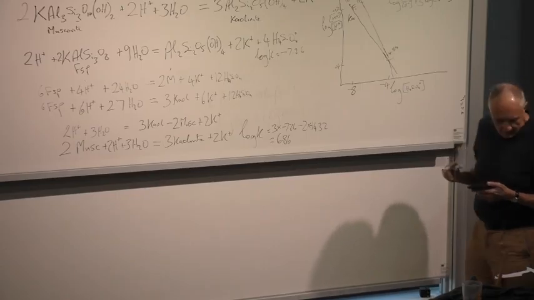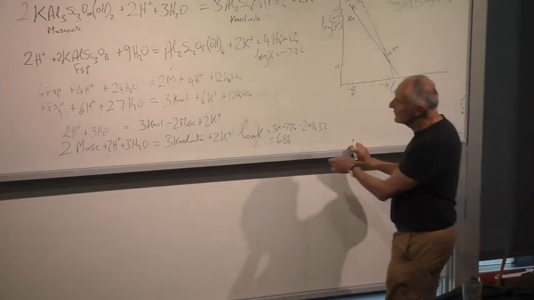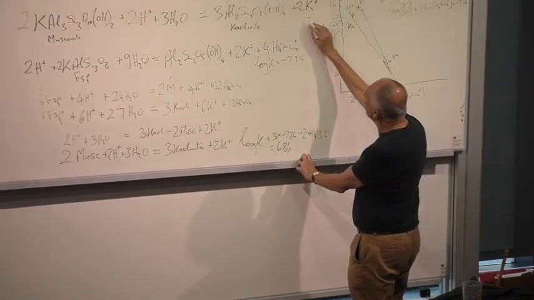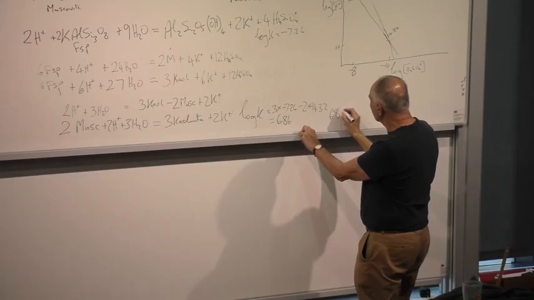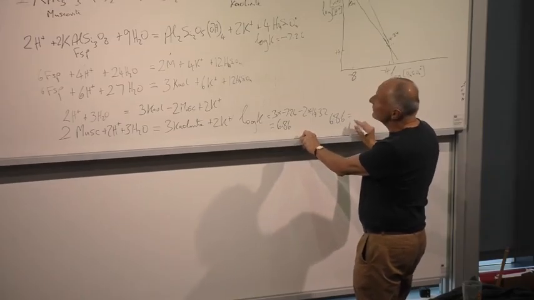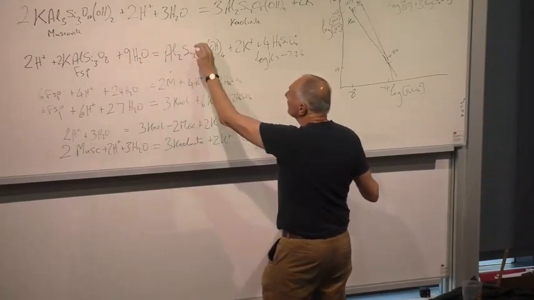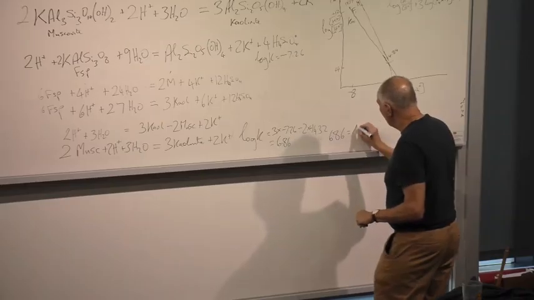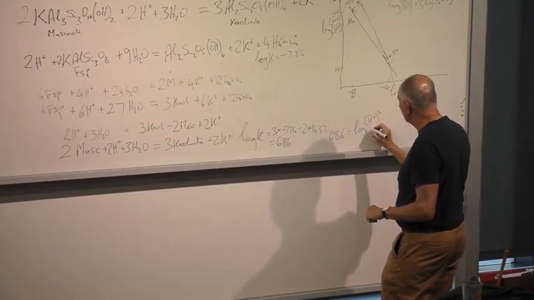So log K for this one is plus 6.86. Again, if we assume all activities are 1, except for hydrogen and potassium, 6.86 is log K plus squared over H plus squared.